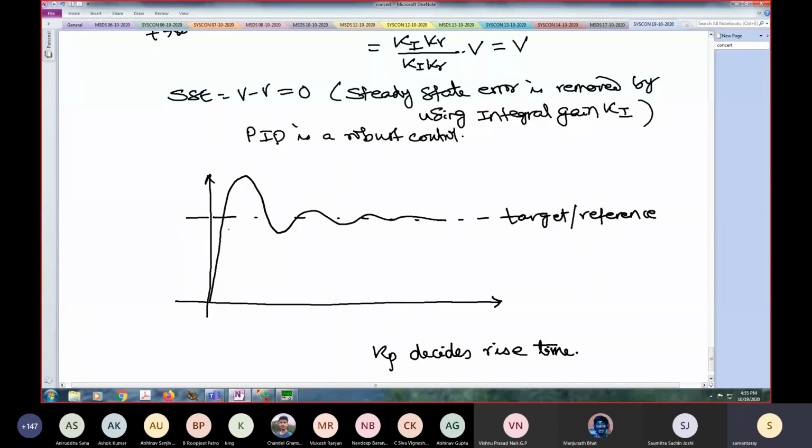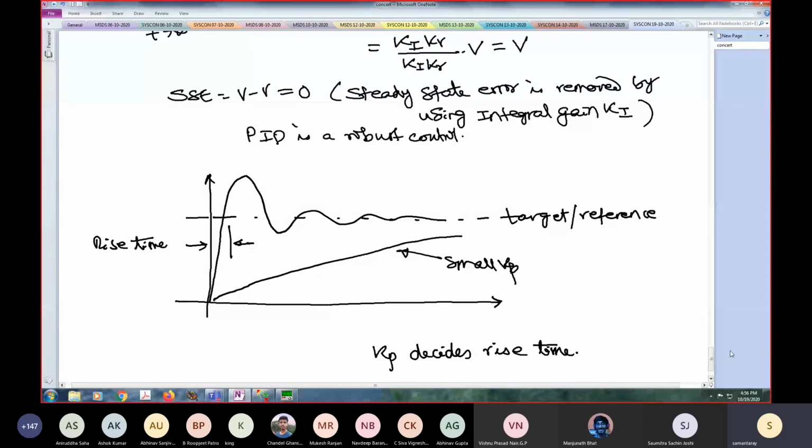The time up to this point is the rise time. If Kp is small, this can happen. That means you are not feeding back things proportional to the error, so it's not compensating quickly. So with large Kp, it will approach the target quickly. So Kp will decide rise time.